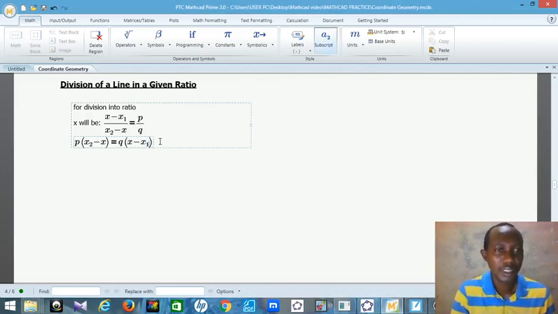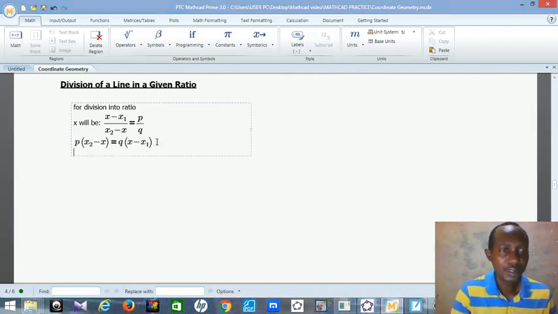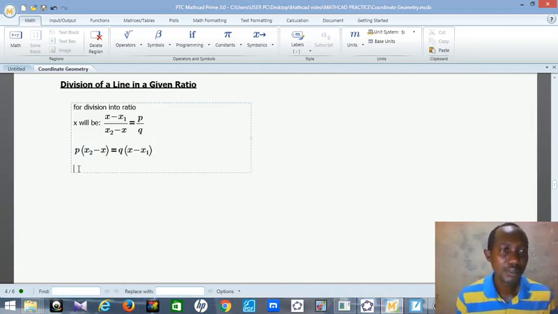So that is this step. Then we move on to the next step.